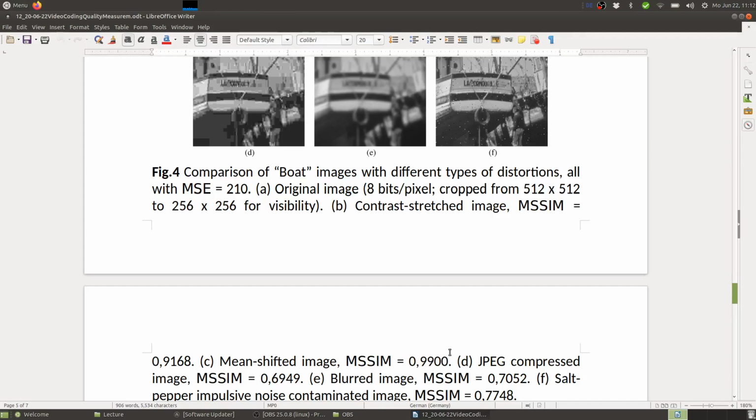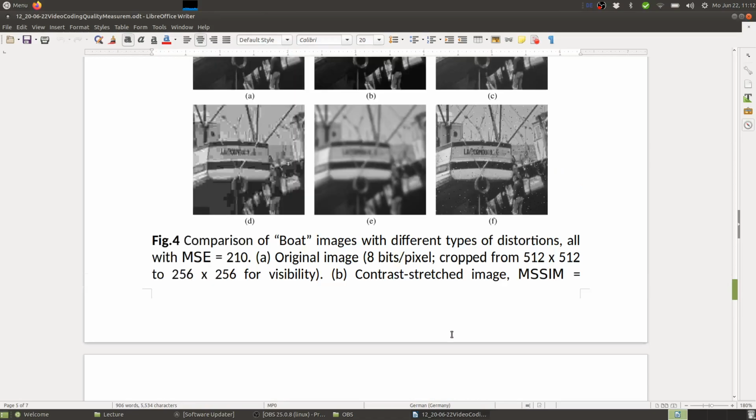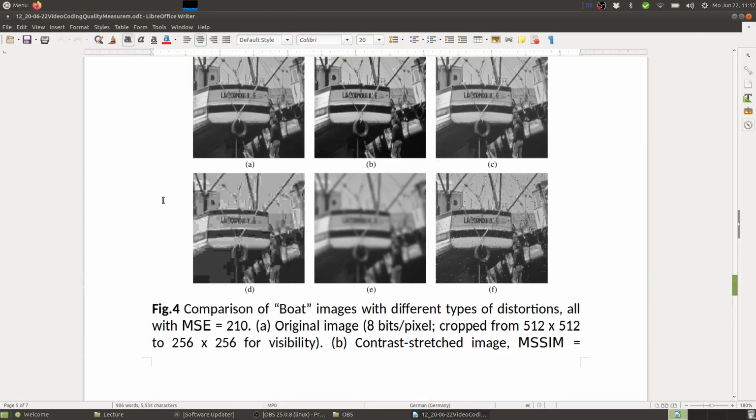So good enough. Then D is JPEG compressed. So you can take a look. Here in D, the artifacts become quite obvious. You can see strong blocking artifacts at the edges of those bars and the edges of the board. And also you can see artificial gray steps. These are typical, albeit strong, JPEG artifacts.